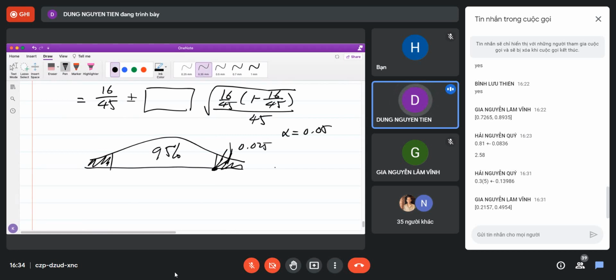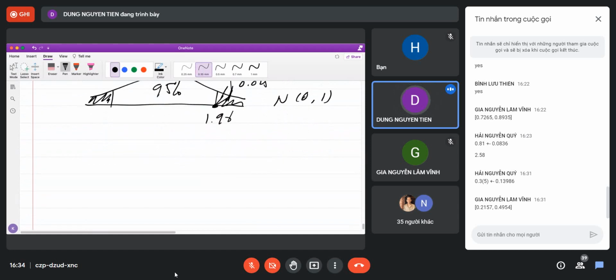Since you are using the standard normal distribution, you can use the table to get that number. It is approximately 1.96. And then you can use the calculations to get the final answer.